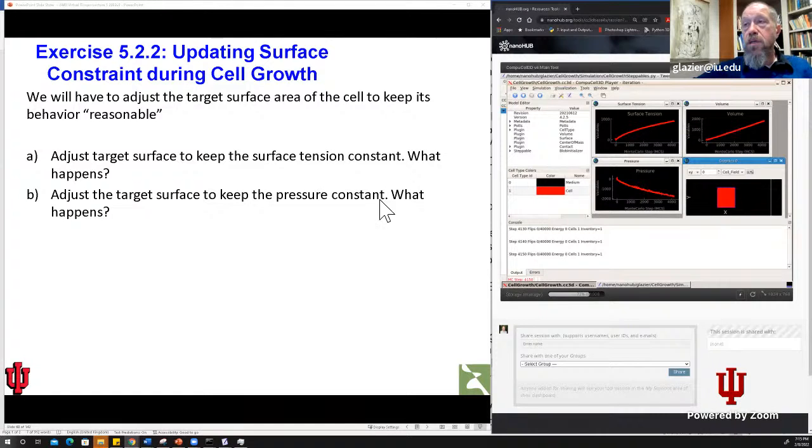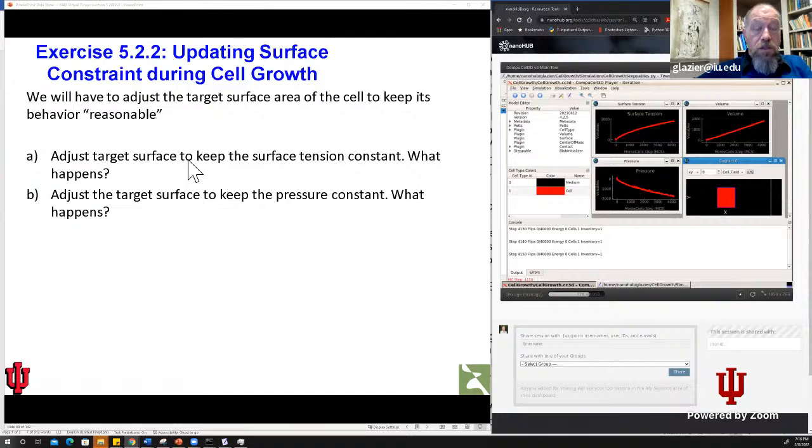Another would be to adjust the target surface to keep the pressure constant. Both of those are possible. And again, because of time, I don't think we're going to explore all of these options, but they're in the homework. Let's try doing this first one, which is adjust the target surface to keep the surface tension constant.